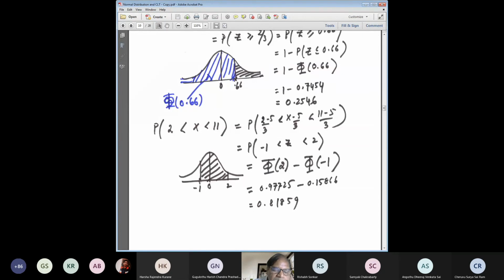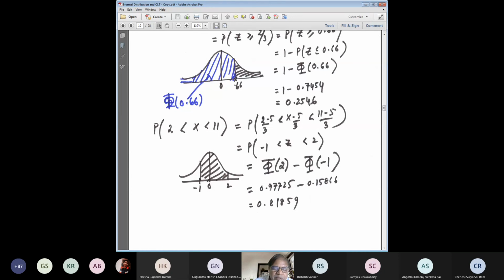Phi of 2, again you have to see the table. I'm not switching again, you can look at your place. Phi of 2 will be on this side, so 0.97725. It also gives an idea, because sometimes you write the wrong value.